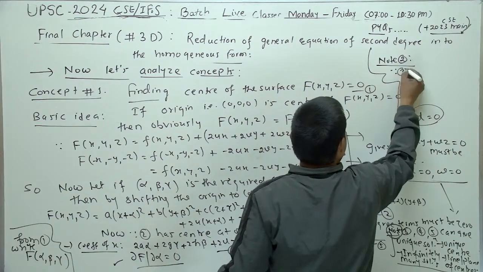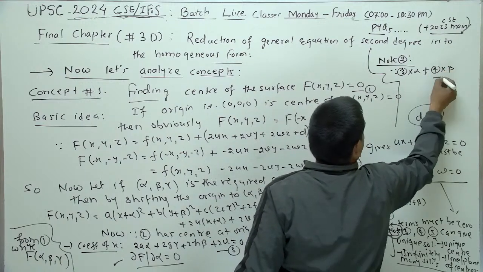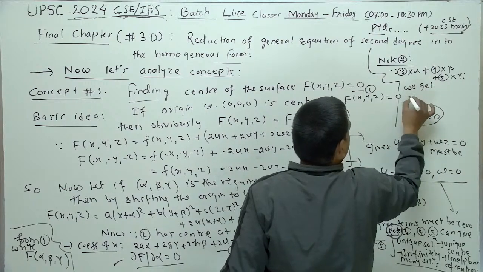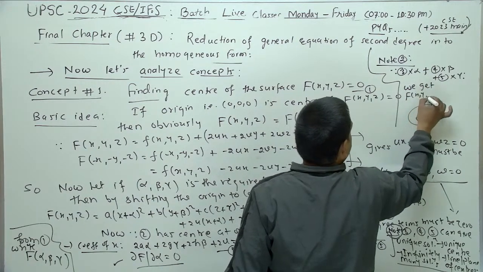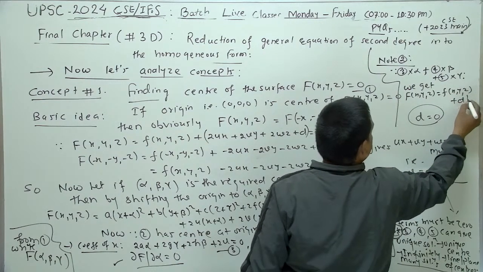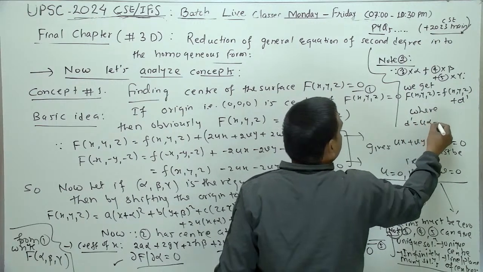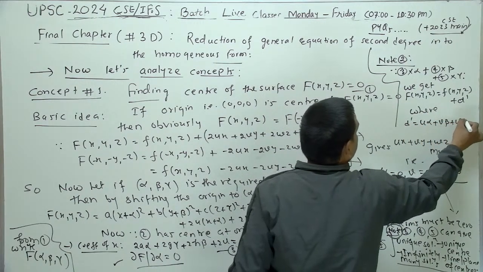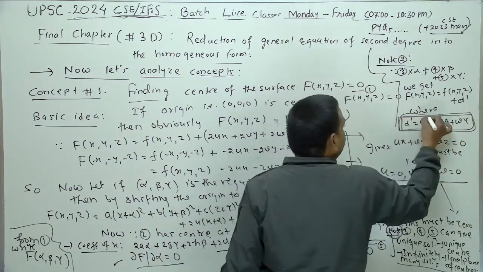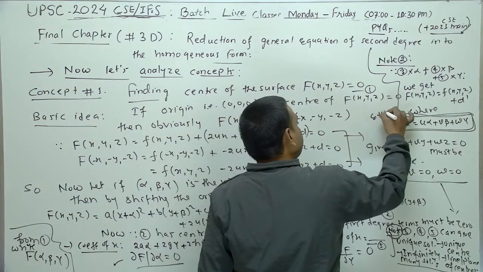Since if I multiply 3 by alpha, add 4 into beta plus 5 into gamma, we get f of x y z equals small f of x y z plus d dash, where d dash equals u alpha plus v beta plus w gamma. इसको बॉक्स में बंद कर लीजिए प्लीज. जरूरत पड़ेगी दोनों की. एग्जाम पॉइंट भी इसको लिख लीजिए.